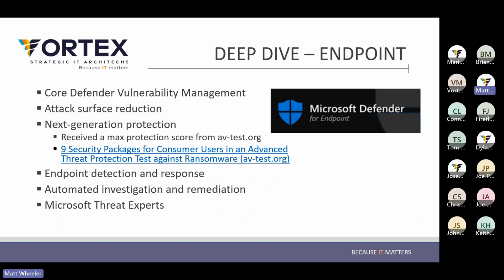The endpoint detection and response capabilities are put in place to detect, investigate, and respond to advanced threats that have made it past the first 2 security pillars, being the vulnerability management and the surface reduction. Advanced hunting provides a query-based threat hunting tool that lets you proactively find breaches and create custom detections.